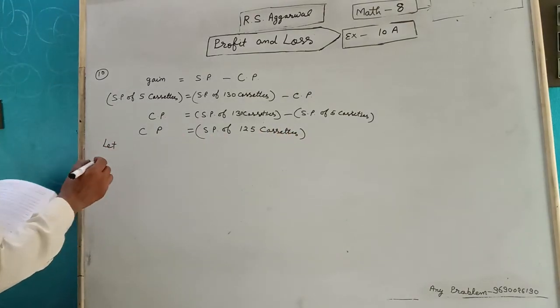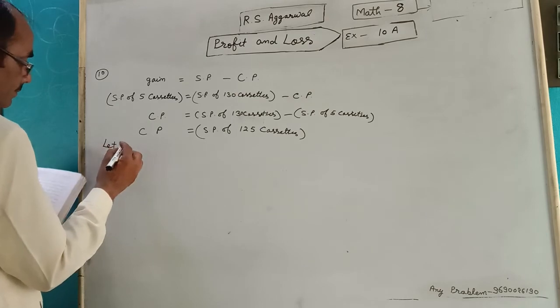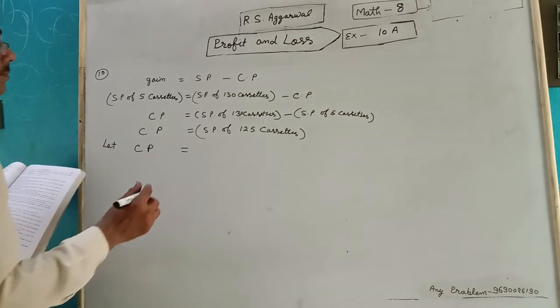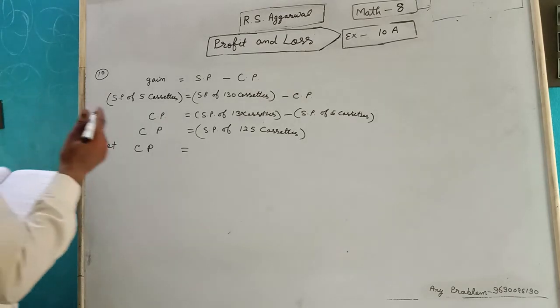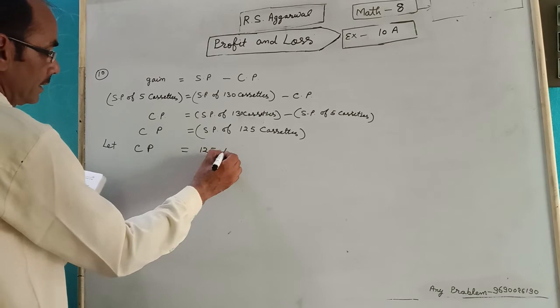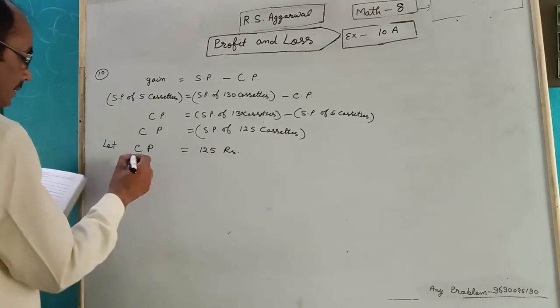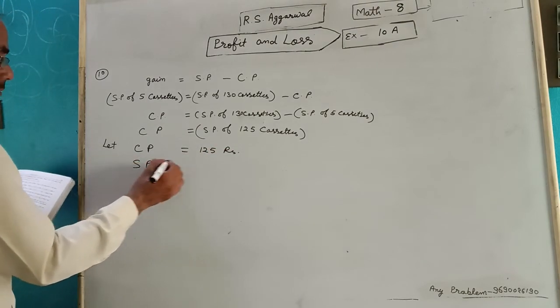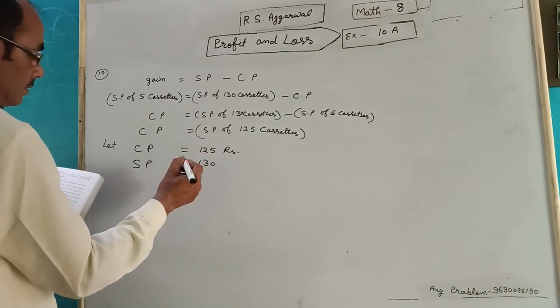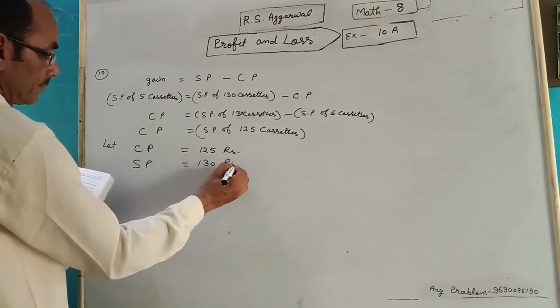Let the CP be equal to 125 rupees, SP is equal to 130 rupees.